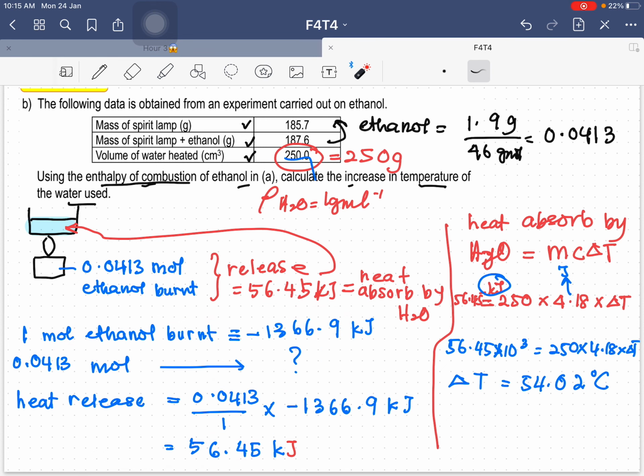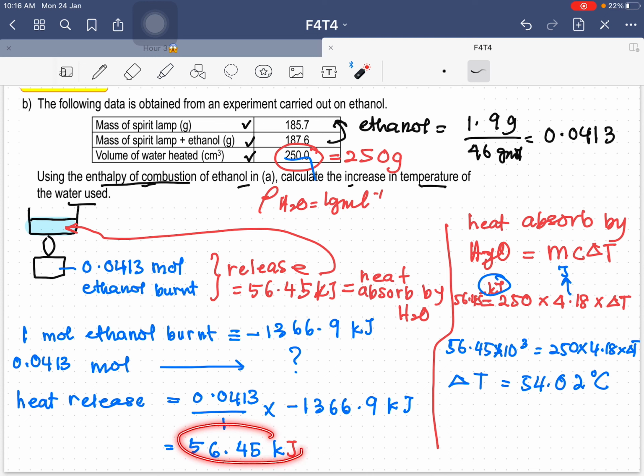The heat absorbed by the water is calculated by mcΔT. m refers to the mass of the water, c is the specific heat capacity of water, and ΔT is the change in temperature. It is equal to the heat absorbed by the water.